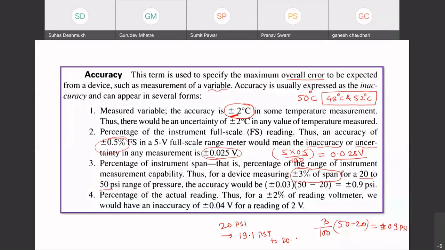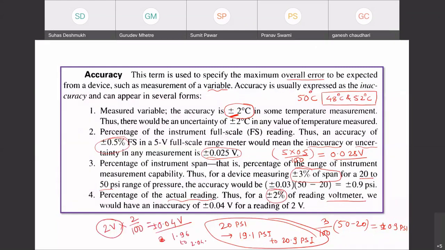Another one is actual reading. Actual reading is the reading the voltmeter is having, 2.04. So within this range, it is.